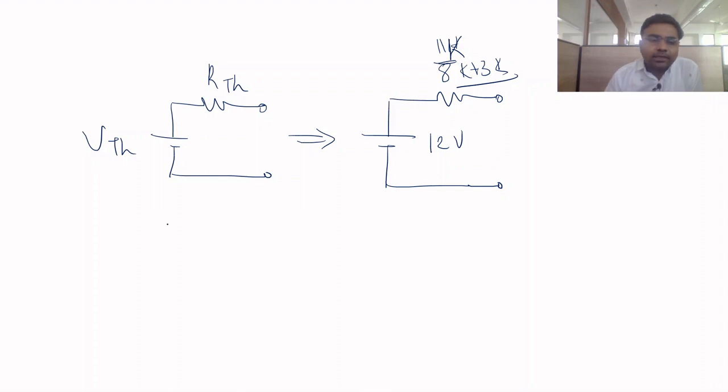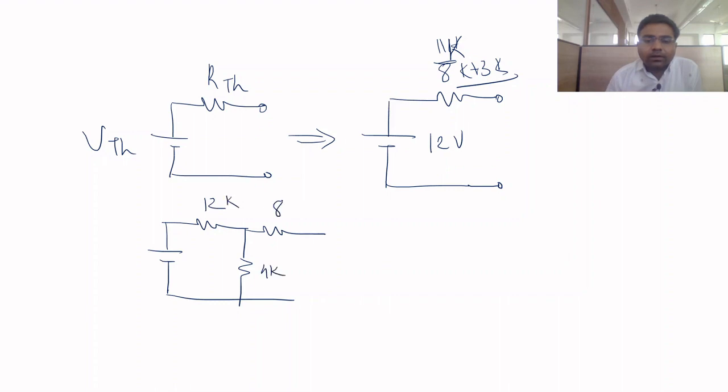So let's say in the given example, what we are looking at is the whole circuit: 12, 4K, 8K, 48 volt, and here we had 5 kilo ohm.